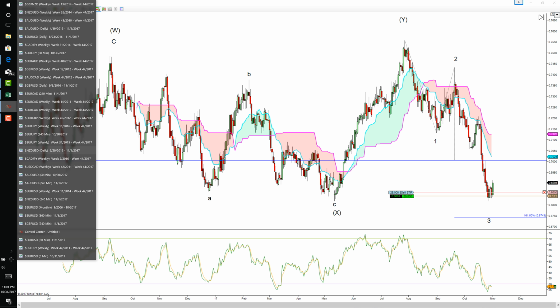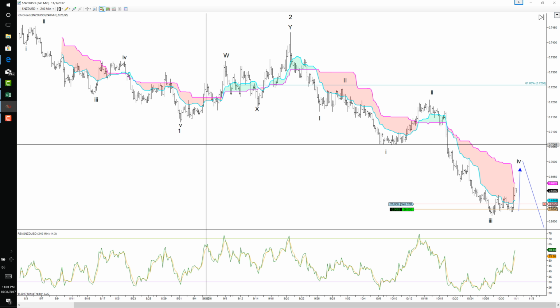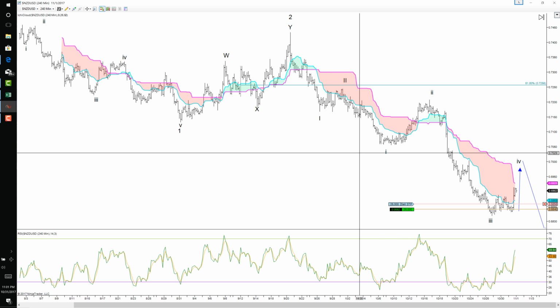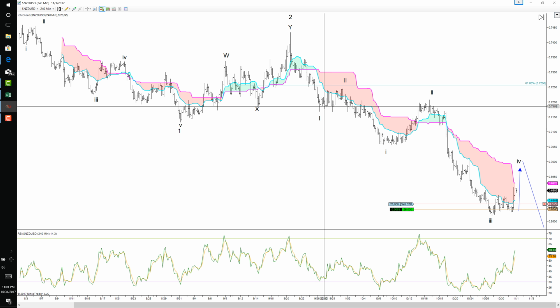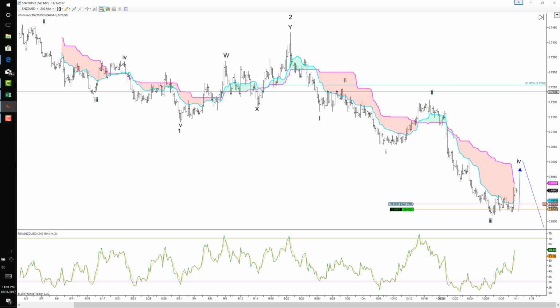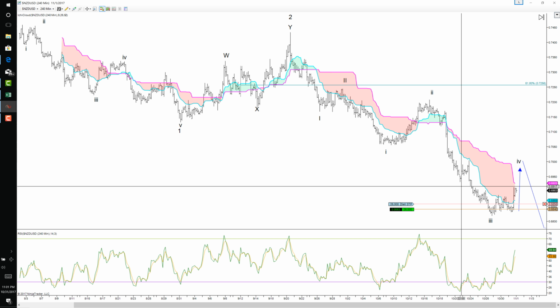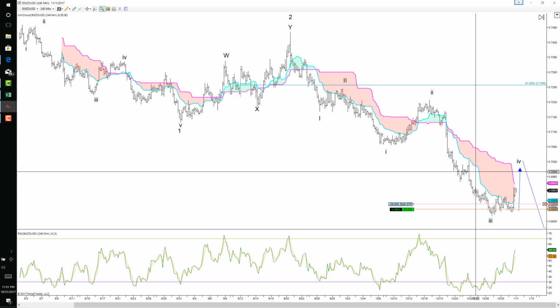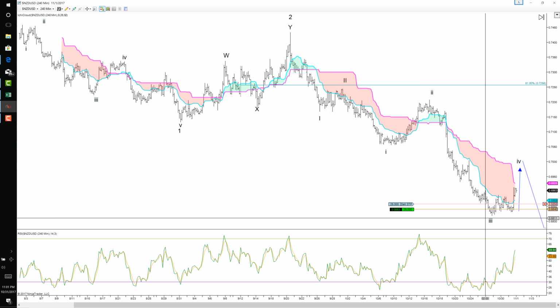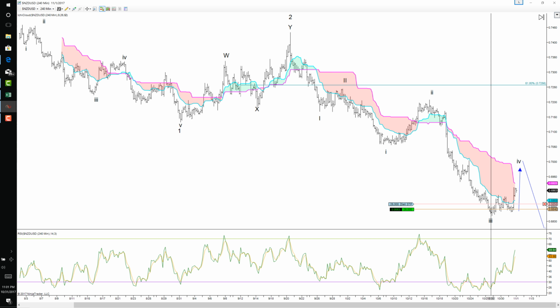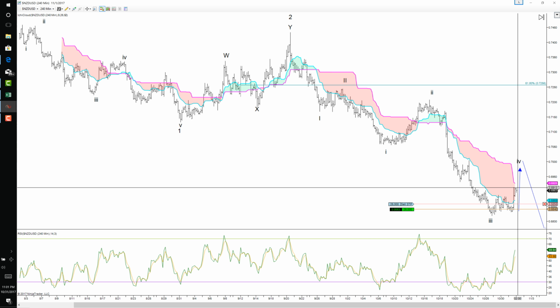If I look at a 240, just to give a little bit more of a clear path, you have the 2 here, you have 1, 2, another 1, 2, and then a 1, 2, 3, 4, and then 5 for 3. But this can be 3 of 3, and now this can be A, B, possibly C for 4, but this can also be 4 here.